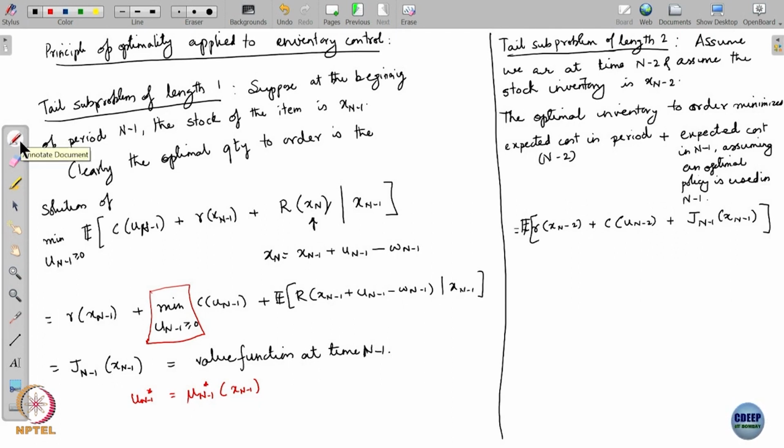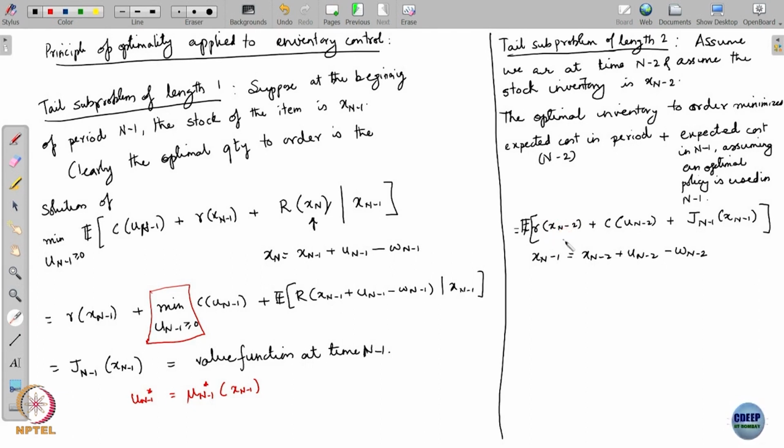Now remember x n minus 1 is x n minus 2 plus u n minus 2 minus w n minus 2. Because of this, this can be substituted in the last term. Once again, as before, x n minus 2 is deterministic, and u n minus 2, because it is a function of just x n minus 2, is also deterministic.